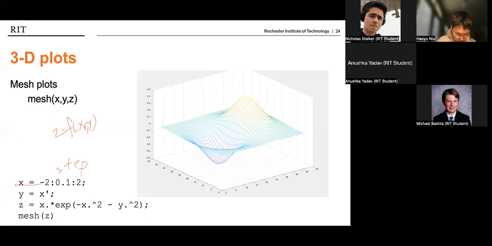And Y is just a transpose of X. And Z is a function which is X times e to the power of negative X squared minus Y squared. When we apply the mesh function, it will create this 3D plot image. It doesn't mean anything; this is just a simple example to show you how it works.